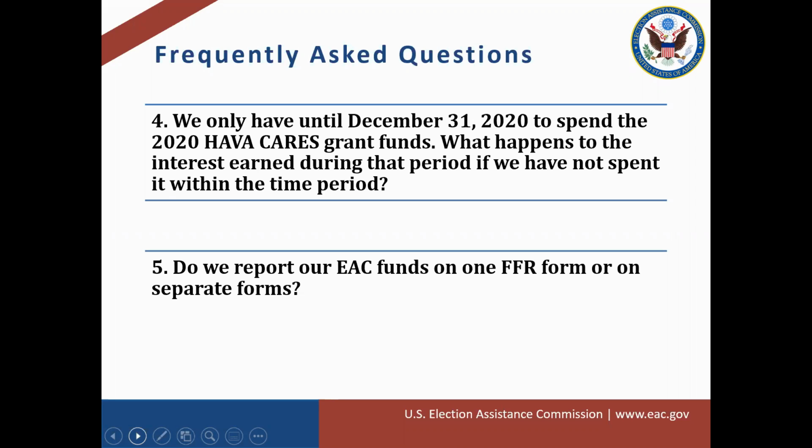So if you have put them in an interest-bearing account and they're earning interest, if you don't spend it, it does come back to EAC at the end of the year. And once again, just to reiterate, you have to report each of your EAC grant funds on separate FFRs. It can't be one FFR with all of the amounts together.